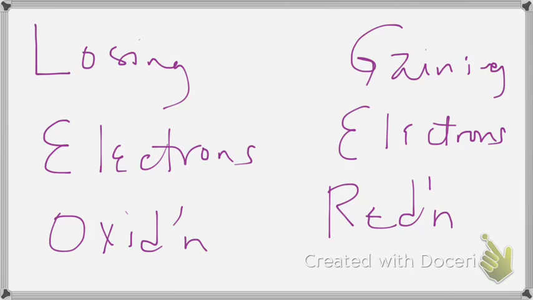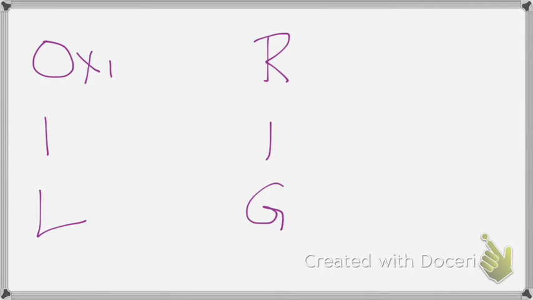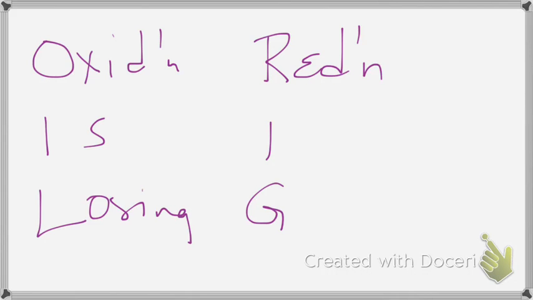That's one possibility. Leo the Lion Goes Grr. Another one that I've heard people use is called OIL RIG. Perhaps you can already see where this is going, but oxidation is losing electrons, whereas reduction is gaining electrons. Whatever helps you remember, you should use it.